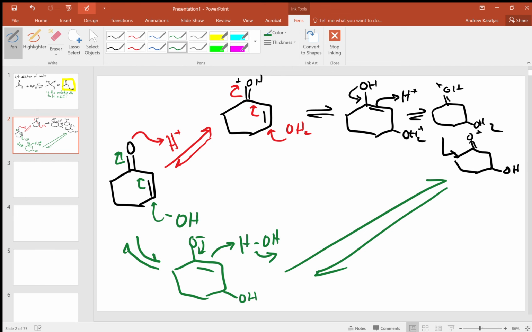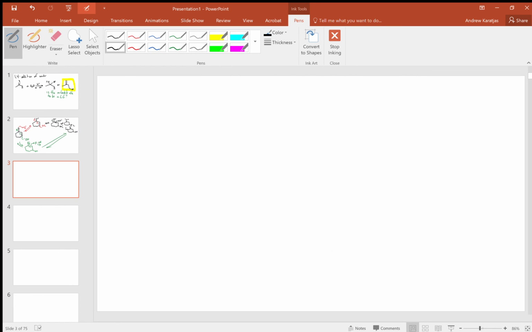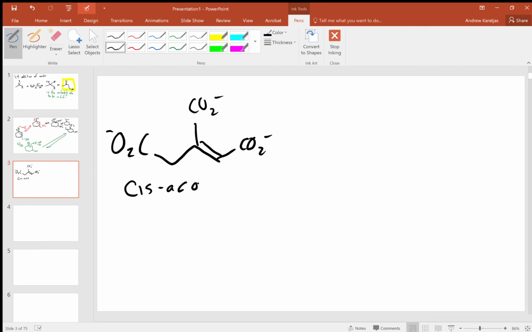An example of where we might run into one of these 1,4 additions of water is in the following. This is cis-aconitate, and the addition of water ends up being a 1,4 addition.